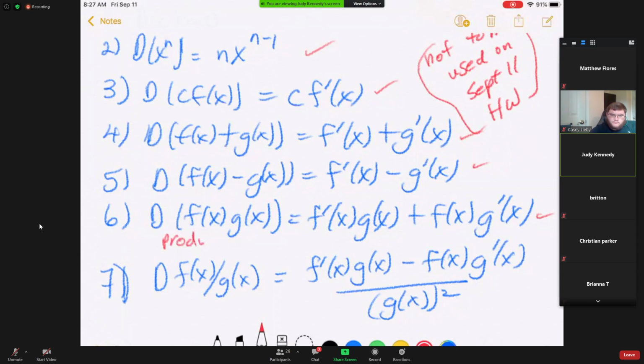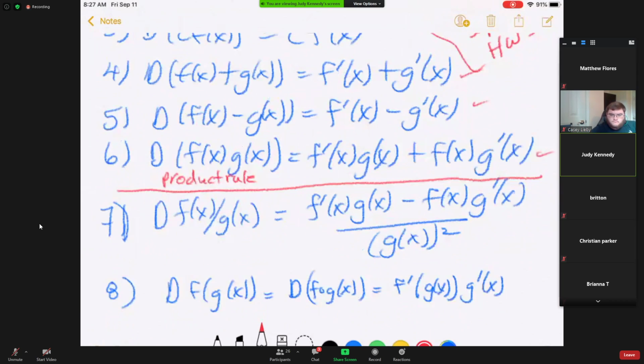It's called the product rule. And we actually proved it. Number 7 has a name. It's called the quotient rule. And actually, I'm not going to prove it.